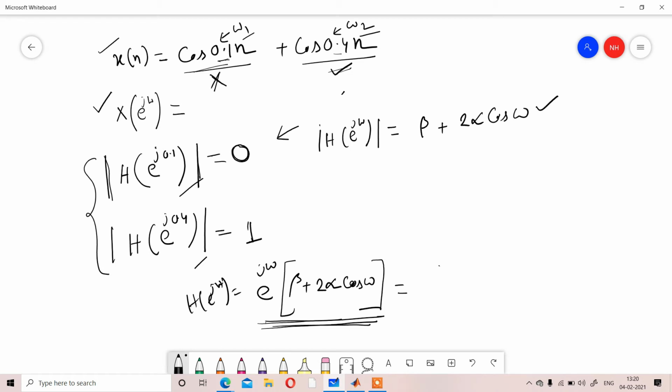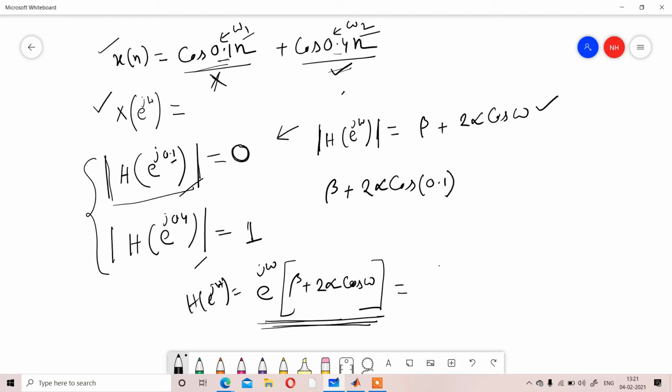Now, for that magnitude, if we represent omega by 0.1, where 0.1 is in radians, not degrees, you will get the magnitude beta plus 2 alpha cos 0.1.